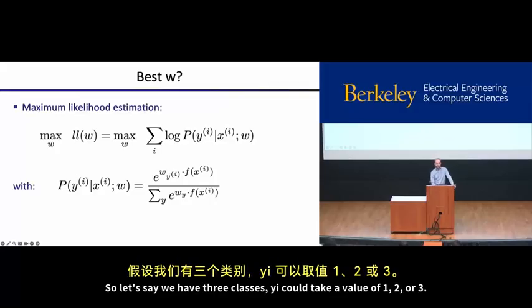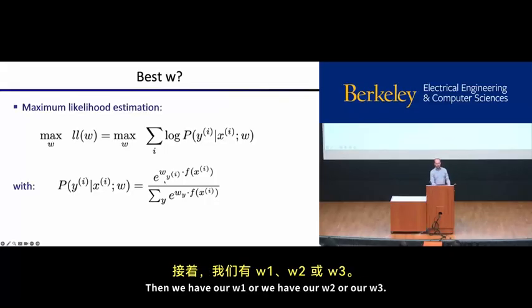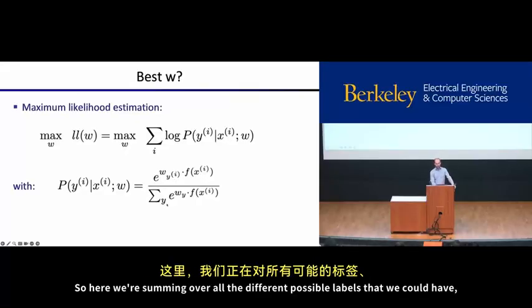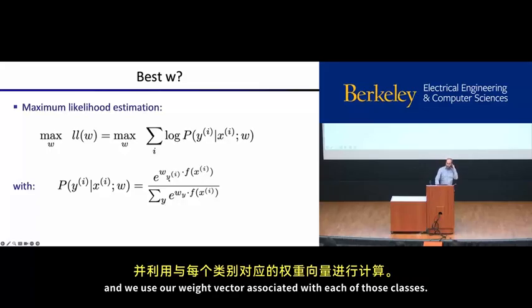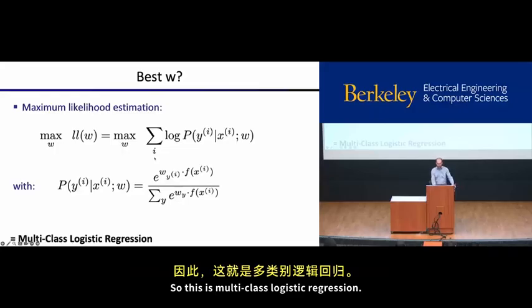So let's say we have 3 classes. yi could take a value of 1, 2, or 3. Then we have our w1, or we have our w2, or our w3. So here we're summing over all the different possible labels that we could have, summing over all the different classes. And we use our weight vector associated with each of those classes. So this is multi-class logistic regression.